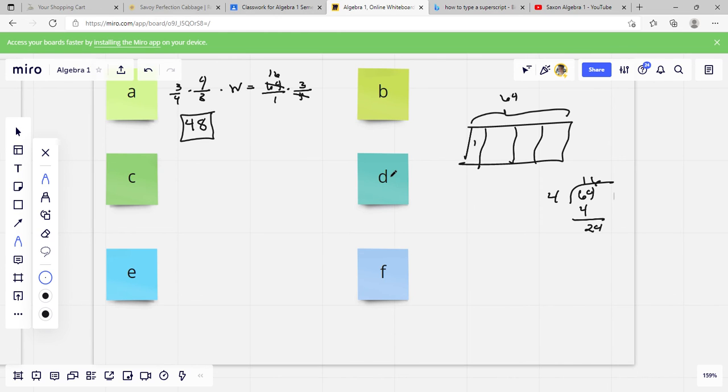So each of these represents 16. And then we're counting 3 of them. Right, so we'd say 16 times 3. And that's 48. So that would be 3/4.